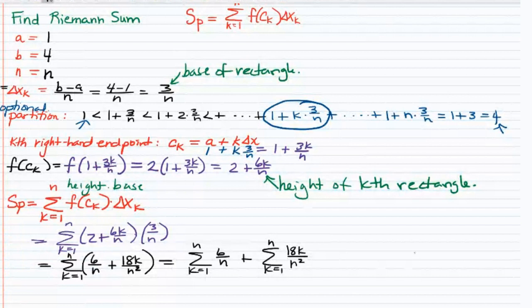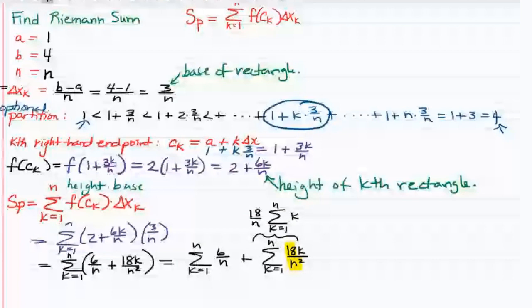And actually, 18 over n squared is a constant. It's a coefficient of k, which we can factor out front of the summation: 18 over n squared times the sum k equals 1 to n of k.